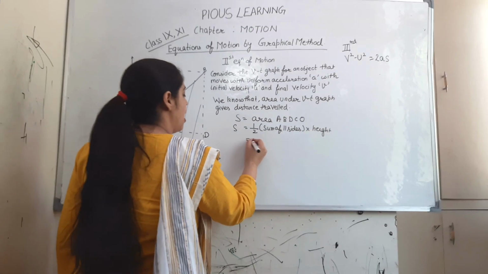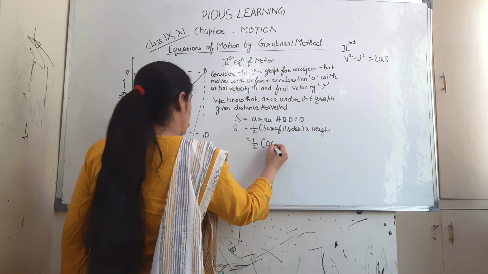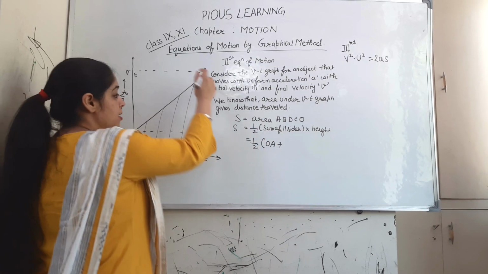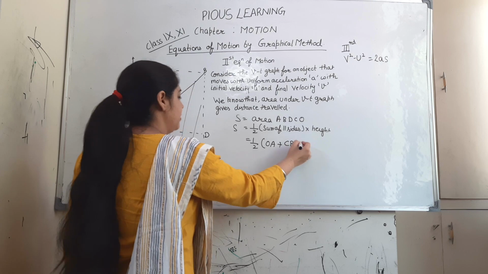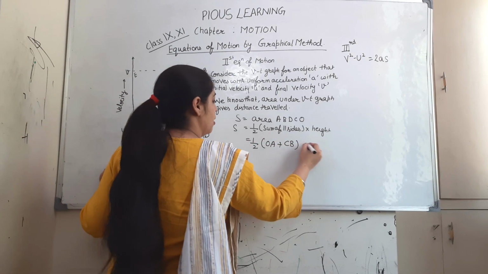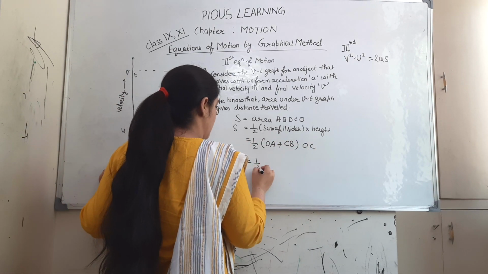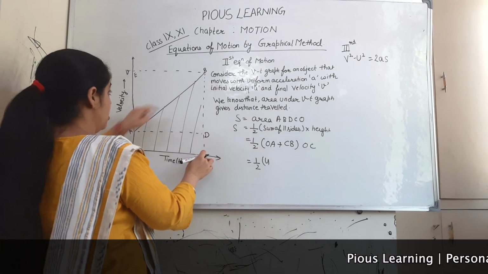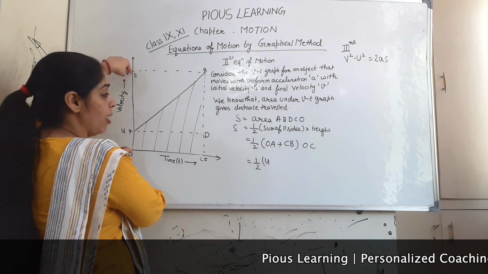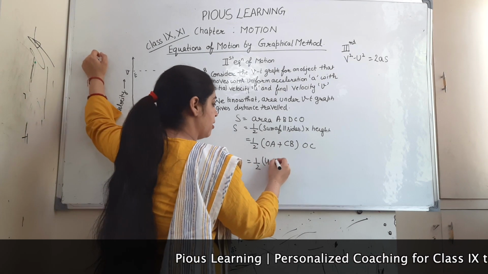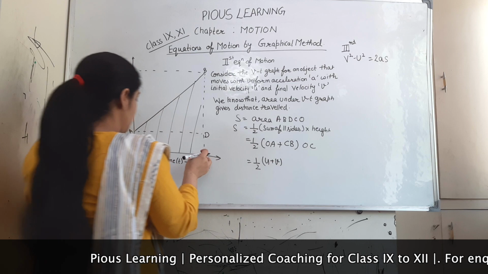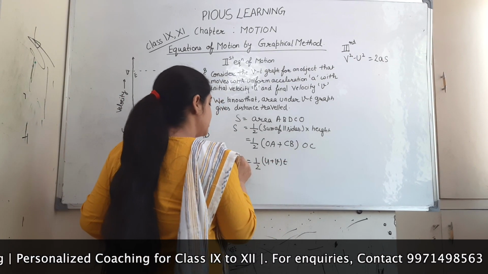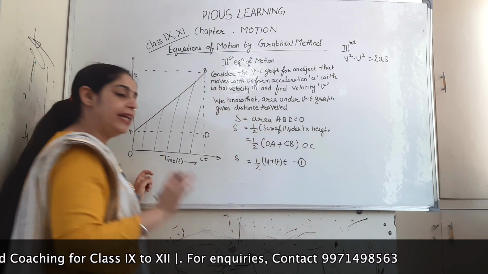So this is half, parallel sides OA plus CB and the height is OC. Once again, let's do the substitution. OA is U and CB is nothing but OE, which is V. Now OC क्या है? What is OC? That is T. Let's mark it as equation number 1 and leave it for the time being.